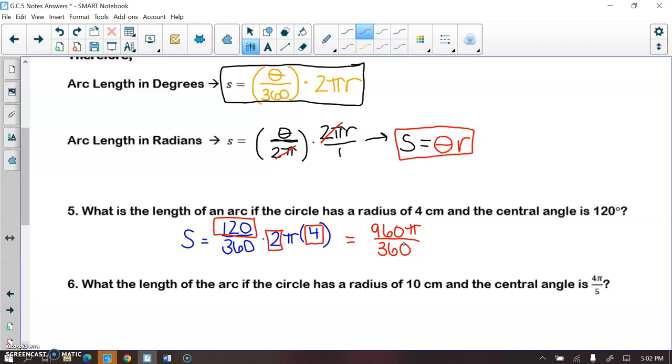A 960 divided by a 120 is an 8. And a 360 divided by a 120 is a 3. So it would be 8 pi over 3 centimeters. That's if I asked you to write it in exact format. If I asked you to round, let's say round to the nearest tenth, you would just type in 8 pi using the pi symbol in your calculator, divided by 3, and you would get about 8.4 centimeters.